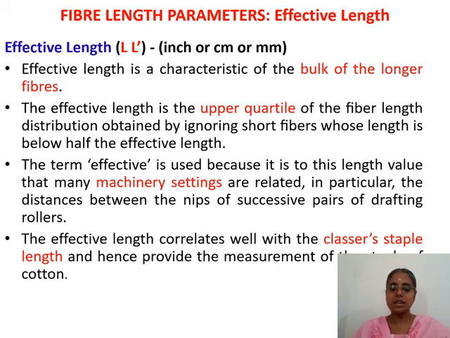But nowadays, due to advanced instruments, span length is used for these draft roller settings, and I hope you would have set the distance between the nips of the drafting rollers in your yarn manufacture laboratory in the spinning draft frame and in the speed frame as well.